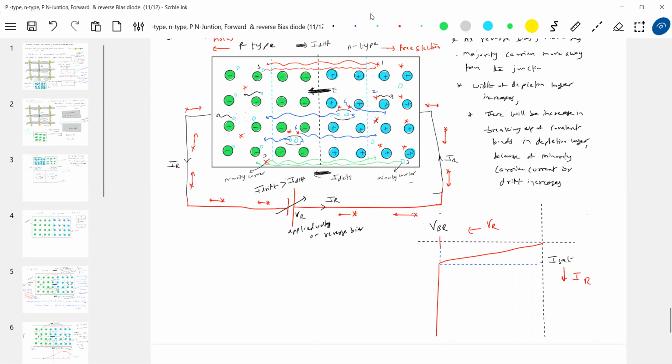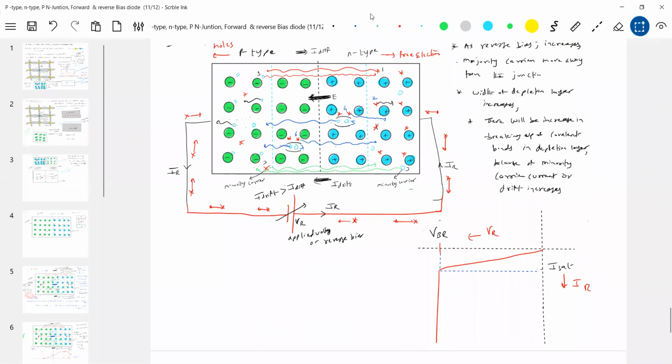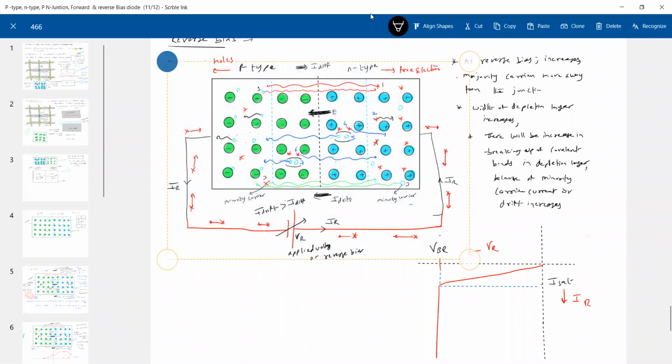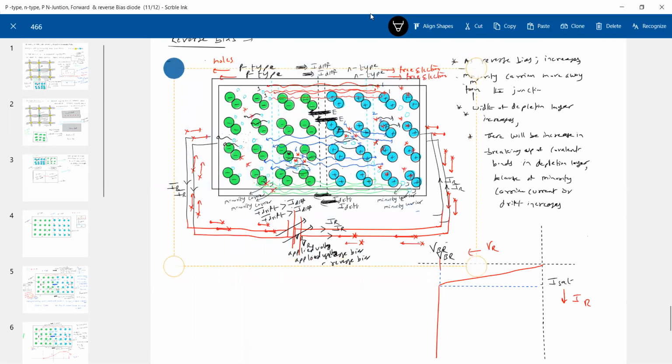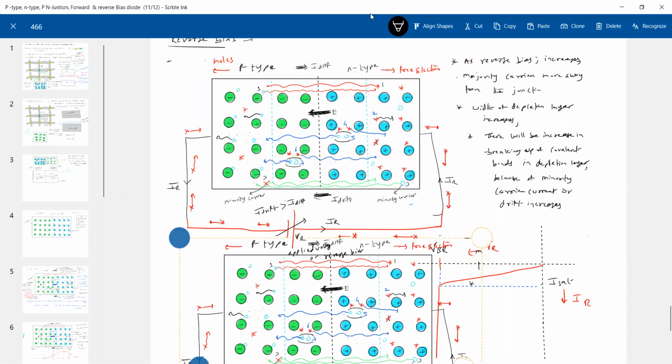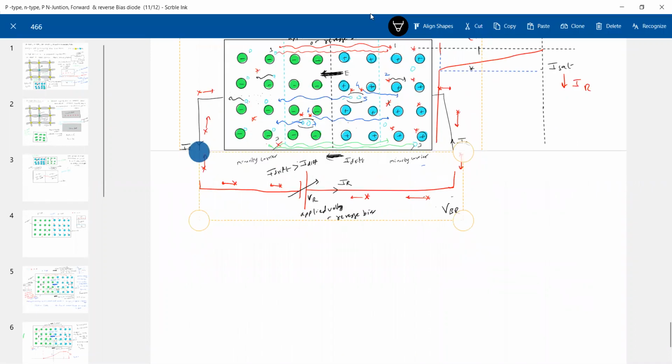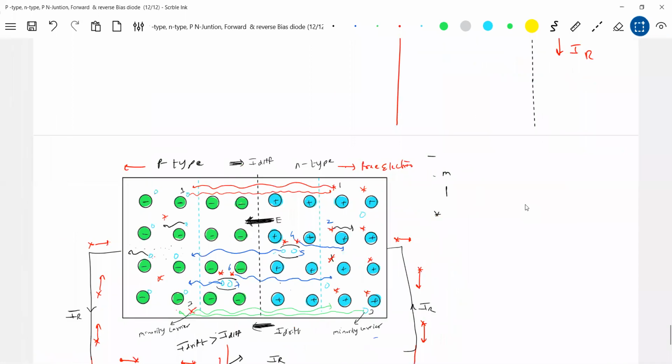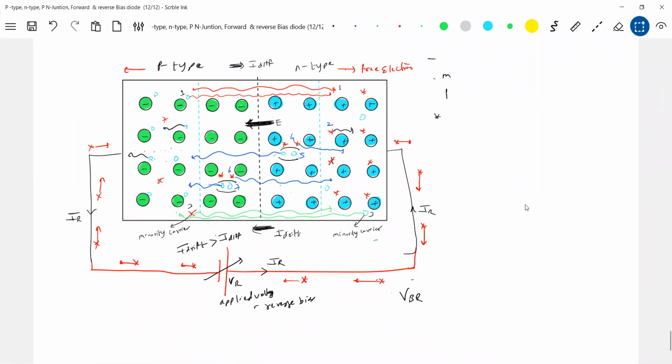Now, as the voltage increases, let me take this diagram. Okay, let's get into this one.